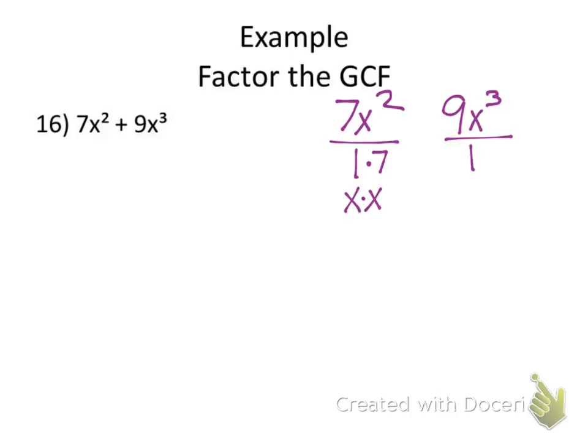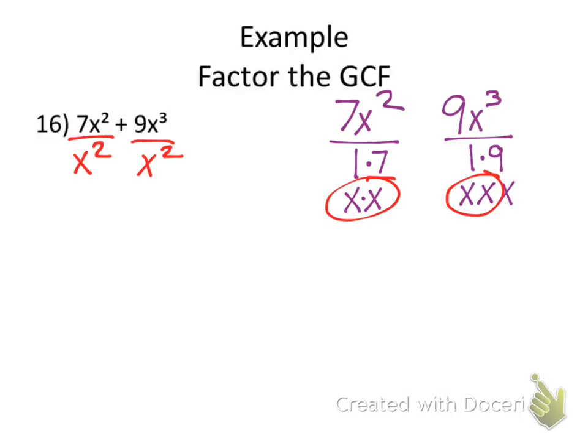For 9, we have 1 and 9, and then x times x times x. So as far as the numbers, what are we looking at? 1, and then for the x's, we have x squareds, right? They both have at least 2 x's. So I'm going to divide everything by x squared, or 1x squared.